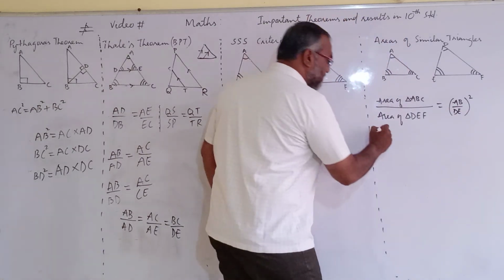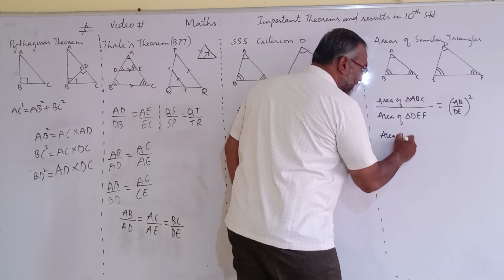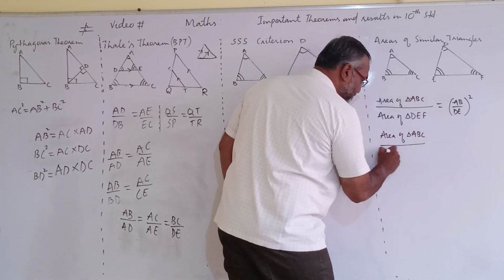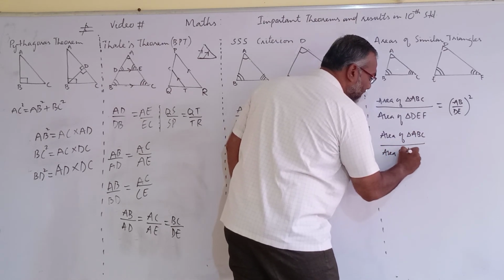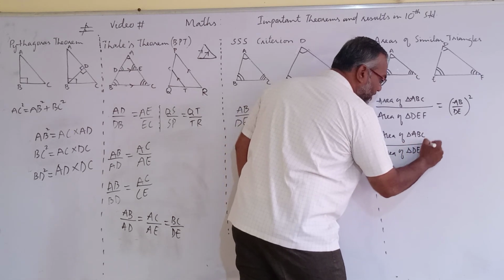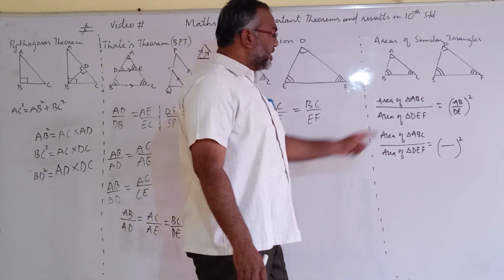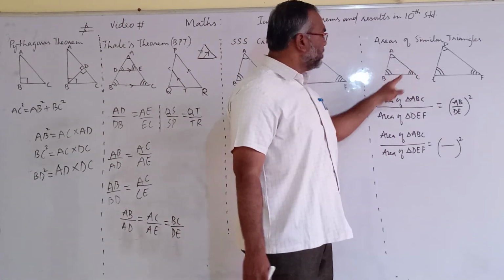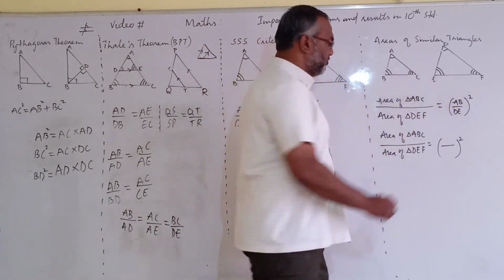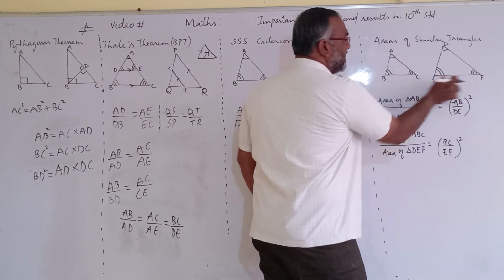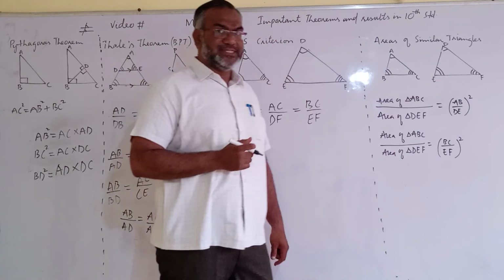Or you can also write like this: area of triangle ABC divided by area of triangle DEF will be equal to the square of the ratio of AB and DE. You can also take BC and EF, because BC and EF are corresponding sides.